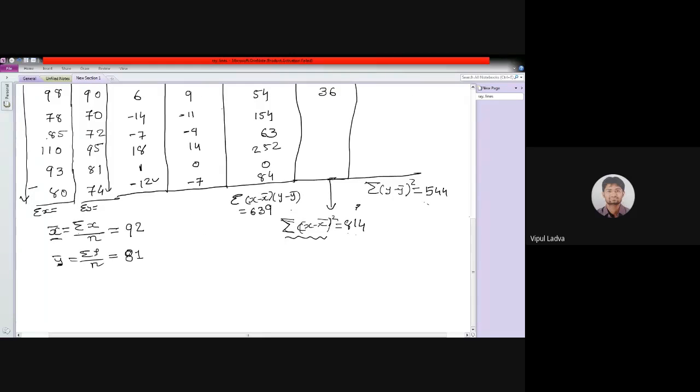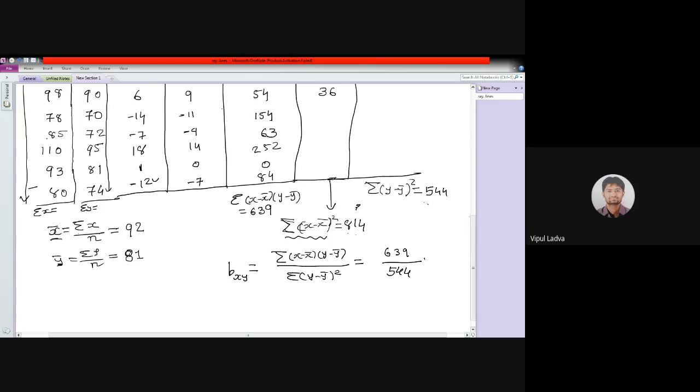Now, once we have these three data, we may go for the first regression coefficient. You may start with bxy or byx, the order is not important. As bxy is summation x minus x bar, y minus y bar, divided by summation y minus y bar squared, in the numerator we have 639 and in the denominator, y minus y bar the whole square, that is 544.